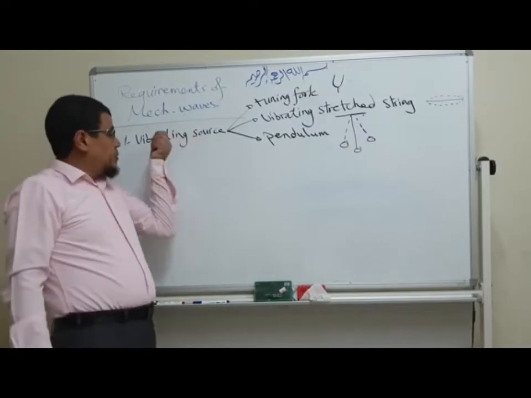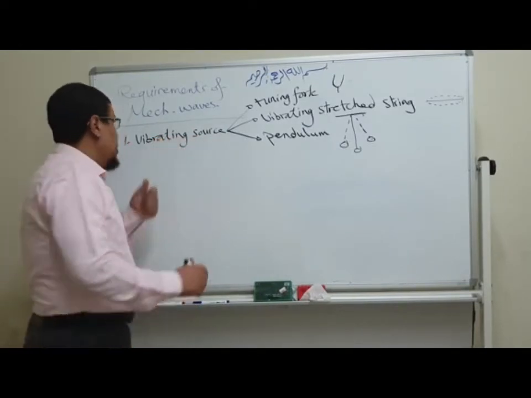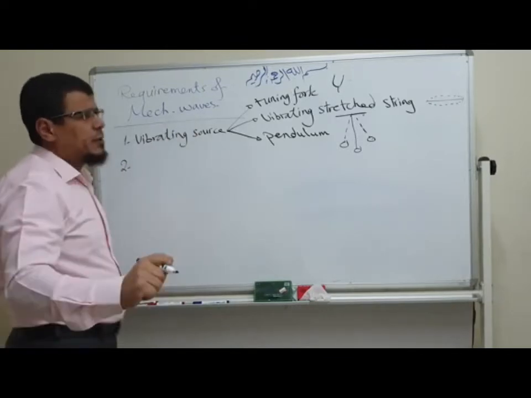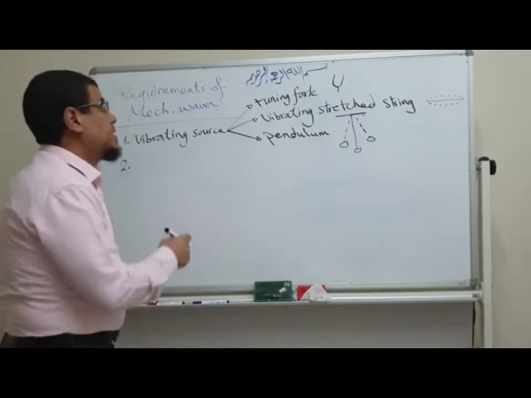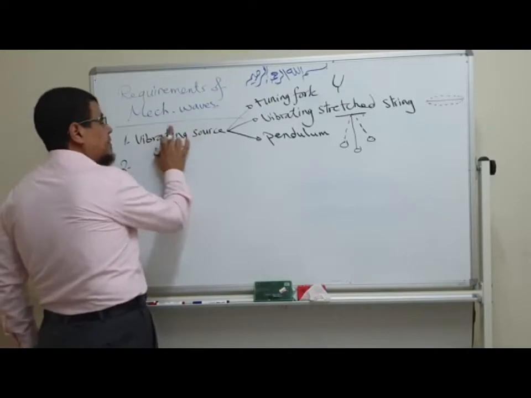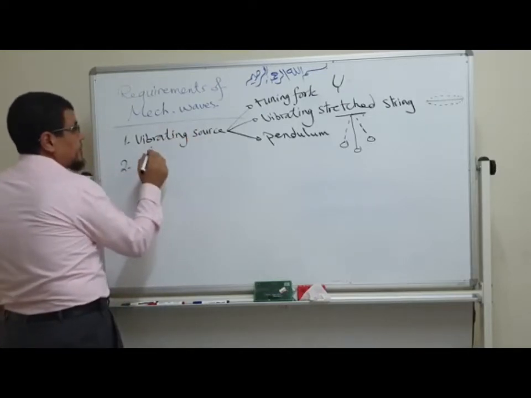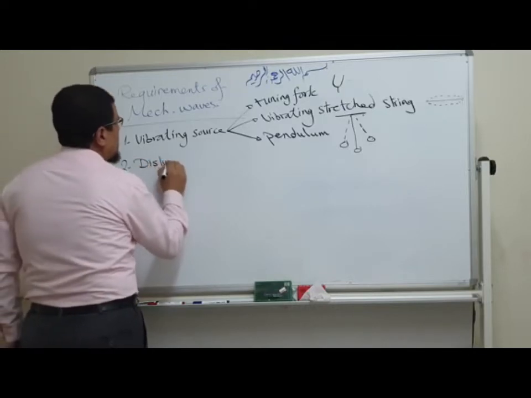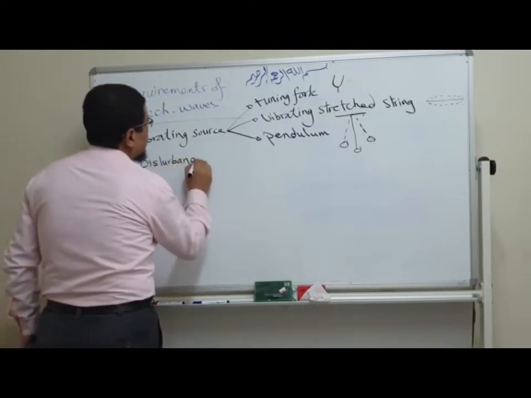This source produces vibrations to make a wave. What is a wave? A disturbance, yes. So this vibrating source produces vibrations to make a disturbance, which is a wave.